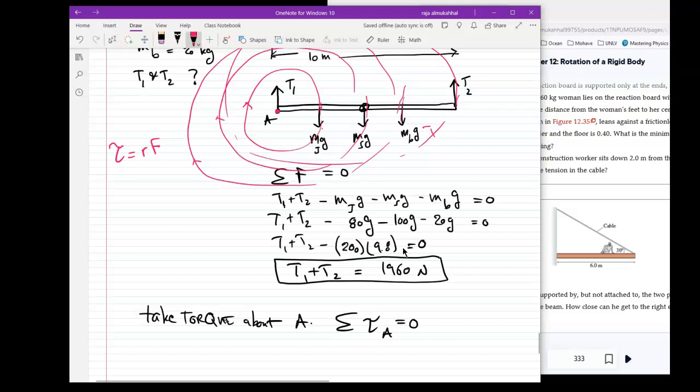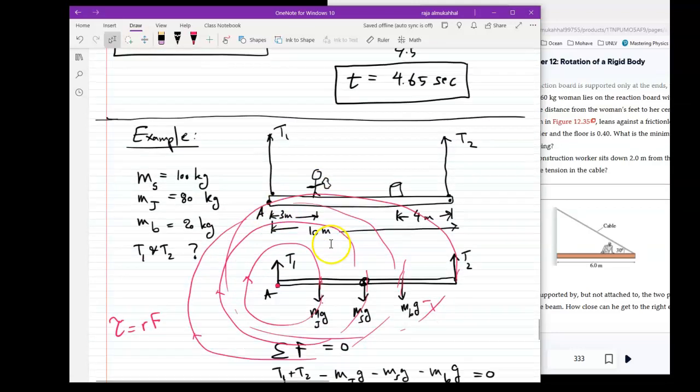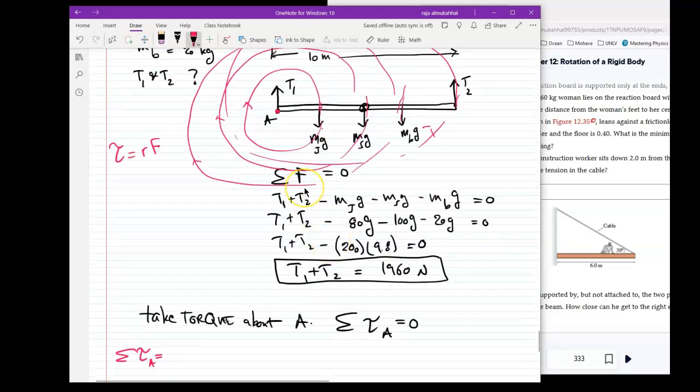So the way we're going to do it is this. The sum of the torques about point A is equal to the following. Let's start with MJg right here. MJg times how far is it from here? According to this, 3 meters. See that? That's clockwise, so that's going to be a minus.